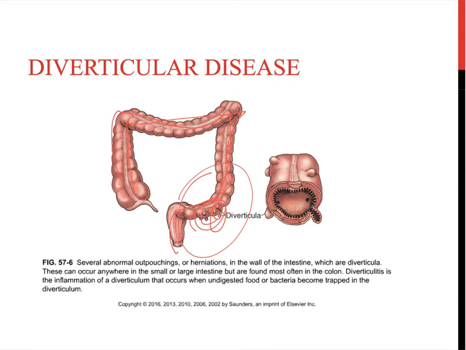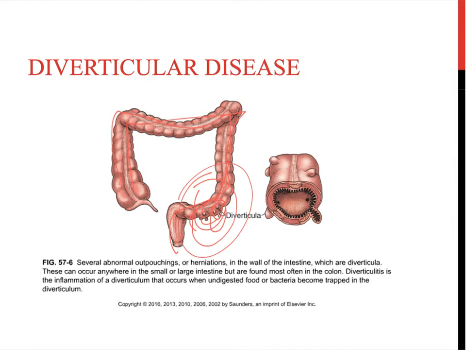They collect all that undigested food, and they'll get bacteria growing in there and get inflamed, which can, as you can see, obstruct the bowel. It can cause so much inflammation that it'll obstruct or it'll burst and cause a very serious condition in your patient.